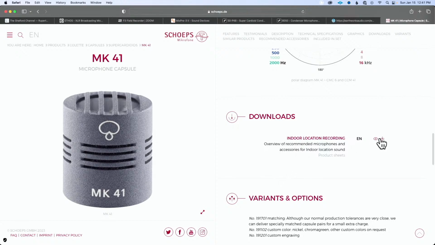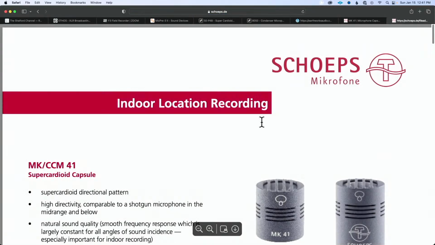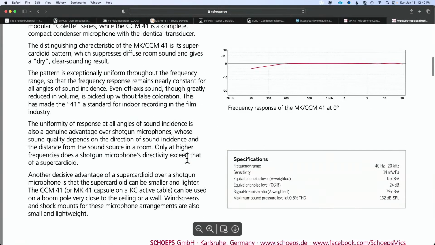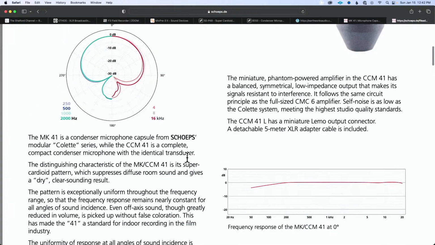Let's see, maybe this will give us something. You saw the impedance somewhere? No, not really.